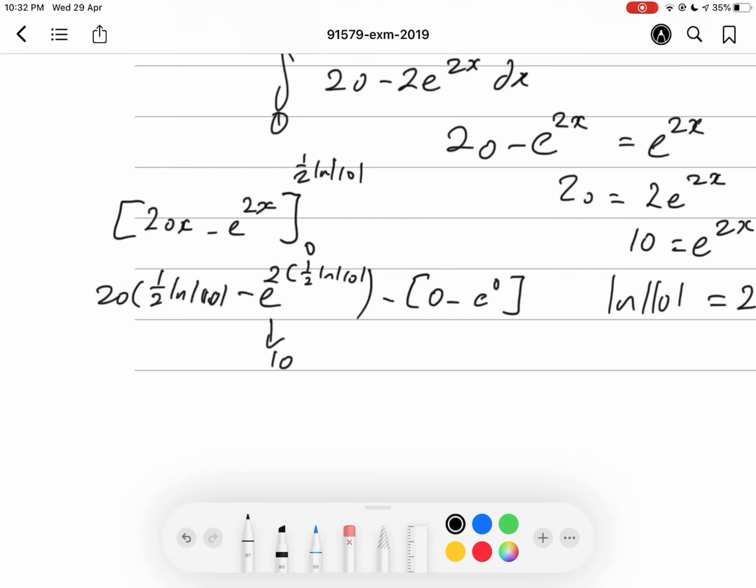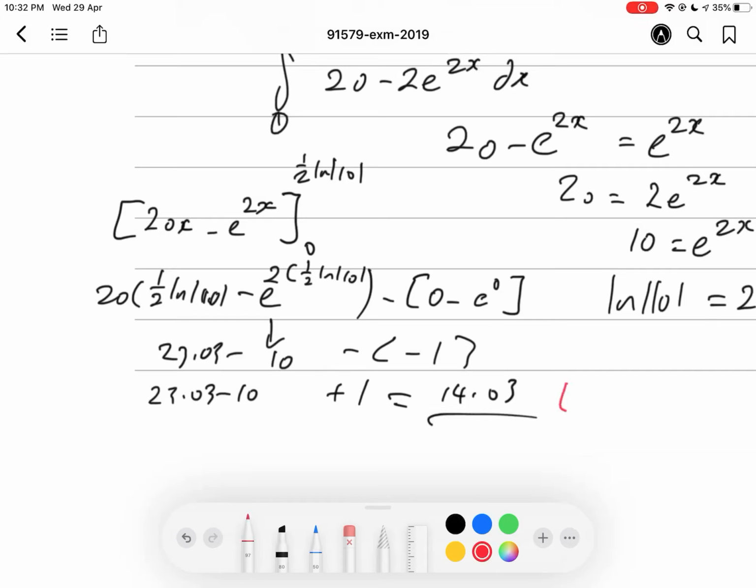The first part is about 23.03. So 23.03 minus 10 minus negative 1, because e to the power of 0 is 1, so minus negative 1 becomes plus 1. Therefore 23.03 minus 10 plus 1 equals 14.03. And that should be our answer.